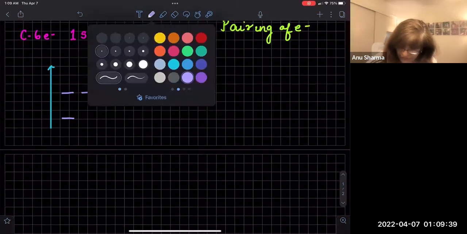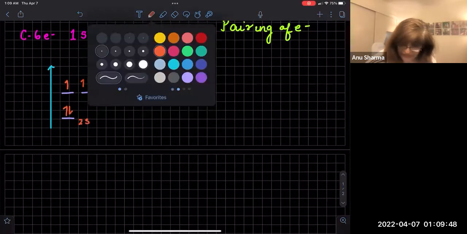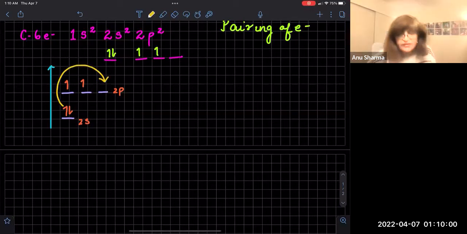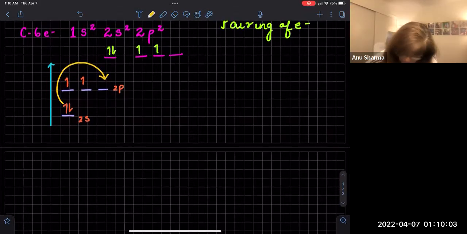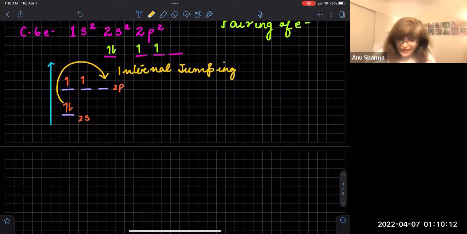There are 2 electrons here, and there is 1 electron in each of the 2p's. Now what happens is that one of the electrons in 2s jumps and comes here. And when that happens, this is called the internal jumping.